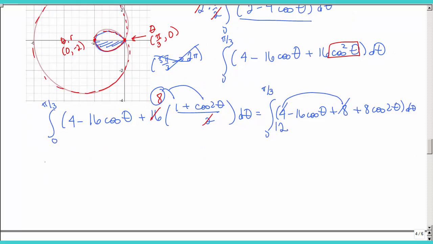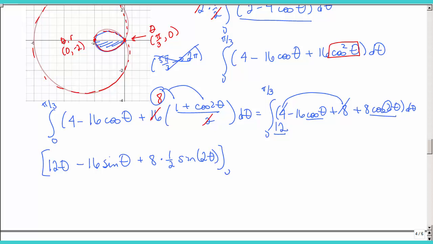So we have 12 theta, then the integral of cosine is sine, so we have minus 16 sine theta. Then here, because of the 2, we have to divide by 2, so we have the 8 times 1/2 times the sine of 2 theta, and that's going to be evaluated between 0 and pi over 3.